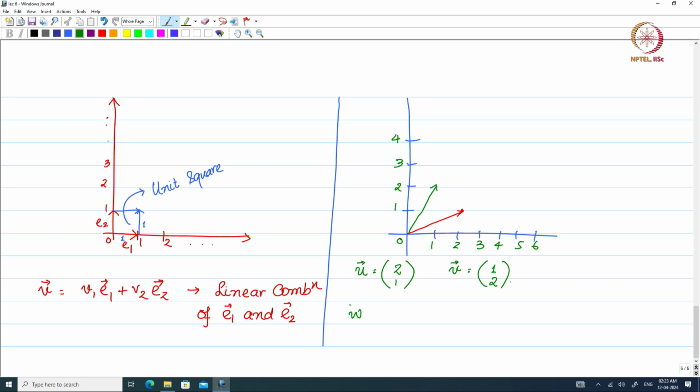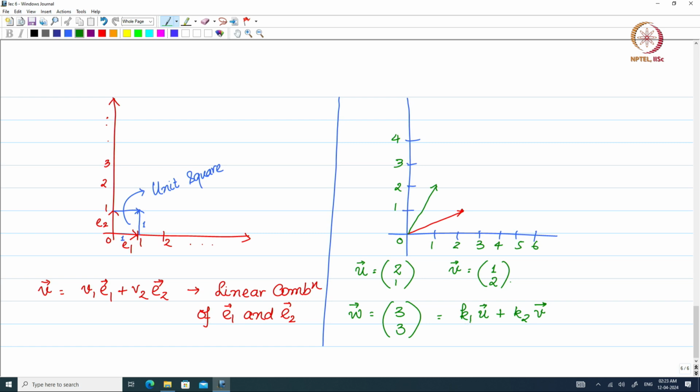Now I want to express this vector, say w, which is given by (3, 3), as a linear combination of k1 of the vector u and k2 of the vector v. We want to figure out what this is. Can we express this vector (3, 3) as a linear combination of these two?